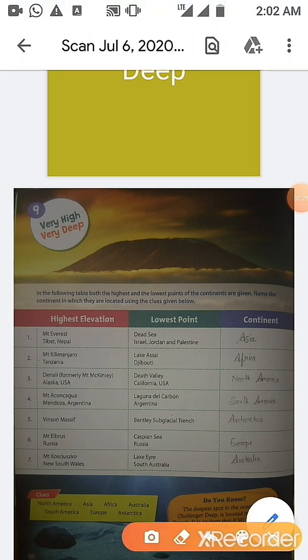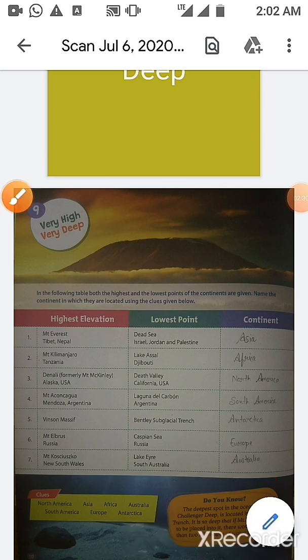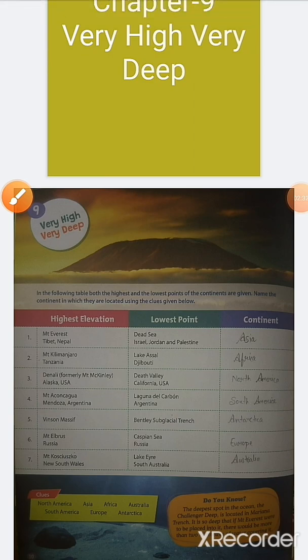So, my dear student, now see and do you know? Do you know the deepest spot in the ocean? The Challenger Deep is located in Mariana Trench.